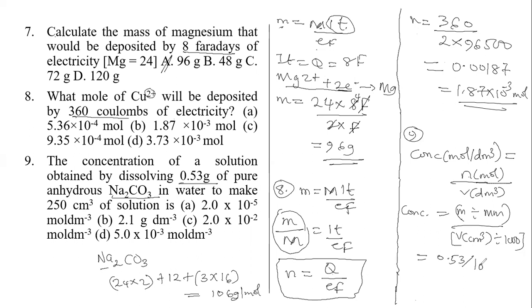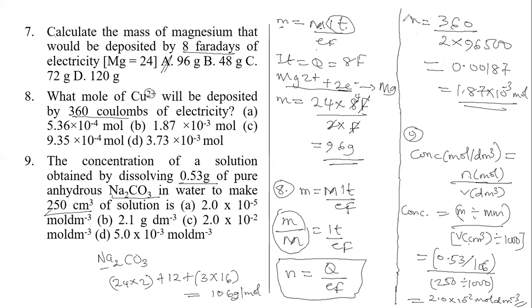So you divide it by volume in cm cube, which is 250, divided by 1000. You press your calculator, and that's going to give you 0.02, so that's 2.0 times 10 raised to the power minus 2 mole per dm cube. I believe that is very simple. So that is concentration in mole per dm cube.